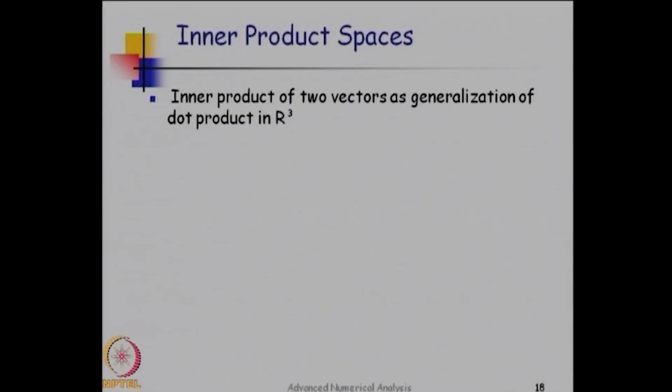We use the dot product to define the angle between two vectors in 3 dimensions, and when we move on to more general spaces, sets of functions, sets of polynomials, we need something like the dot product, which is going to be this inner product in these spaces. So we are going to look at a variety of inner product spaces. There are different ways of defining an inner product, not only one way. In 3-dimensional space you only know one way of defining an inner product, but there are other ways, and we will look at those different methods of defining inner products.